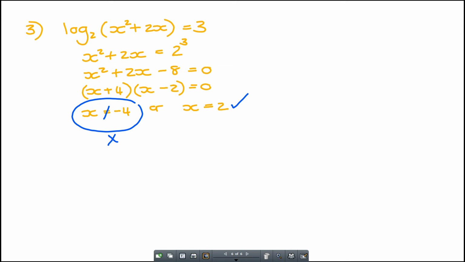Right, now what if I give it to you the other way around? Okay, so now, remember you've got to do the opposite, right? If I were to give you, okay, 5 to the power of x is equal to 100.